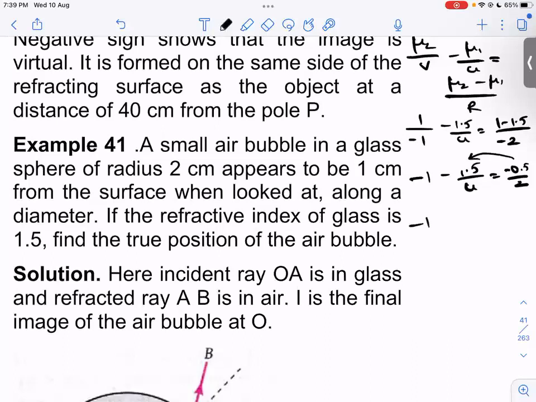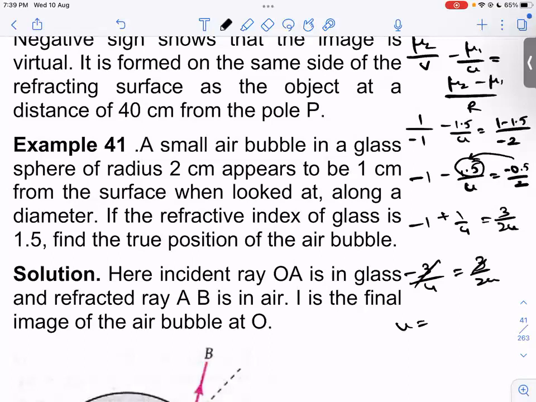This will come this side, no? Plus 1 by 4 is equal to 1.5. I wrote it as 3 by 2, so 3 by 2u. Correct only, no? So minus 1 plus 1 by 4 is minus 3 by 4, is equal to 3 by 2u. 3 and 3 are gone.